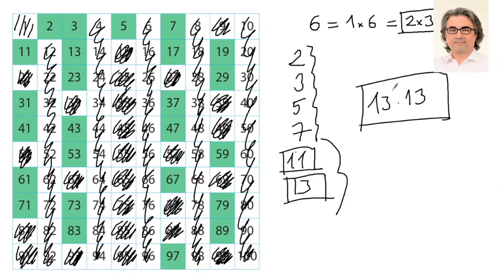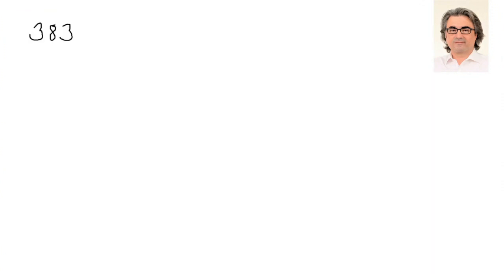As you see, I explained something here. If you multiply 13 with 13 again, you will get a composite number, which is not prime, but it exceeds 100. So I stopped here, and so it means 2 squared is not greater than 383.